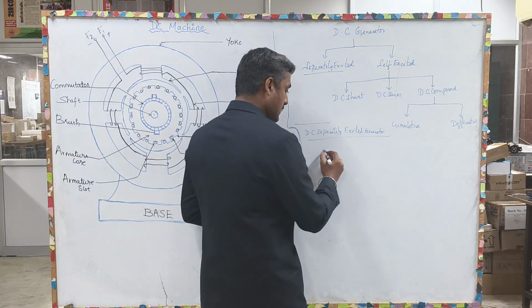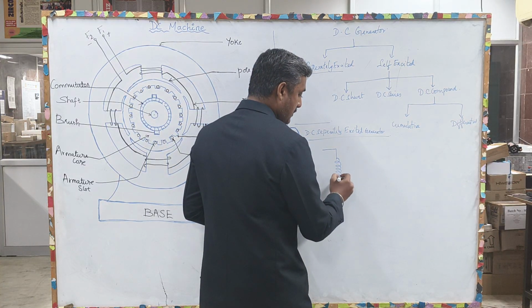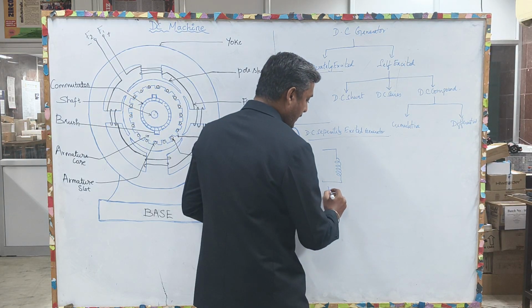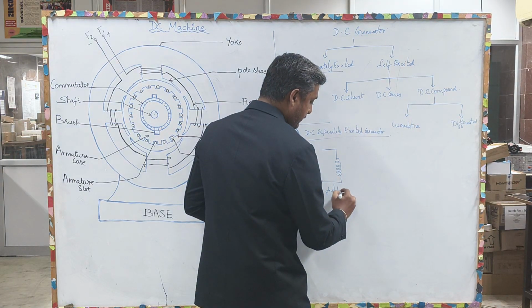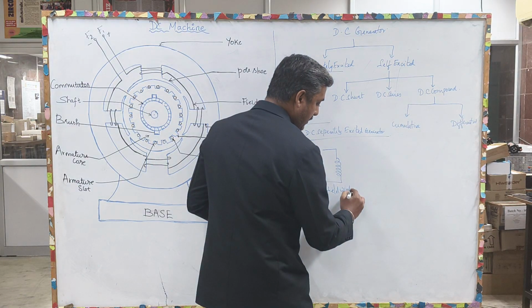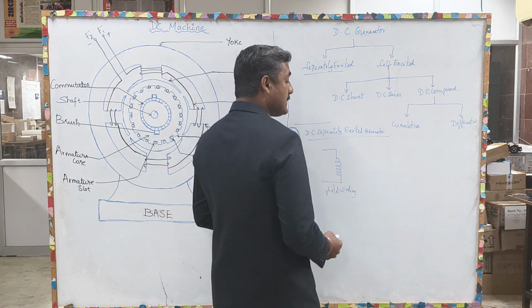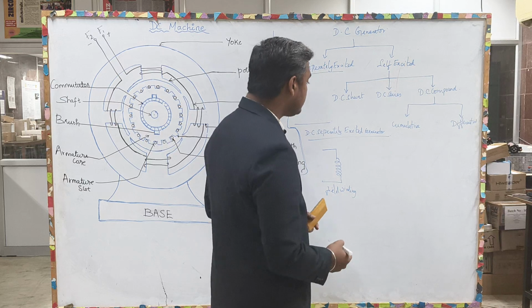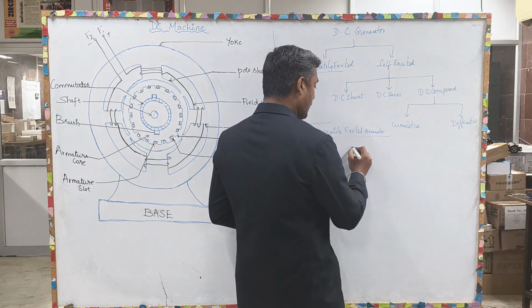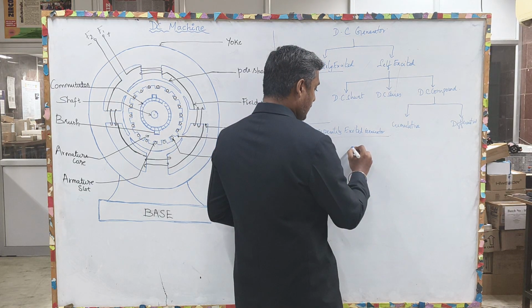One is the field winding and another one is the armature winding.